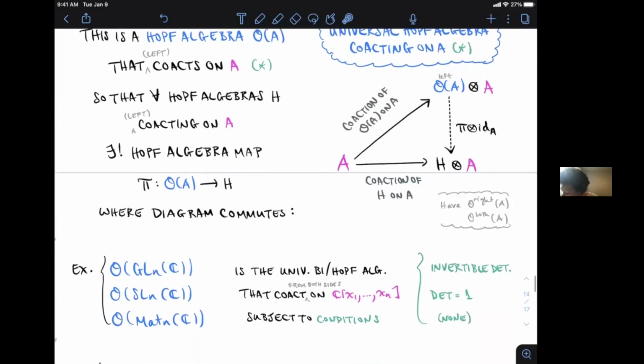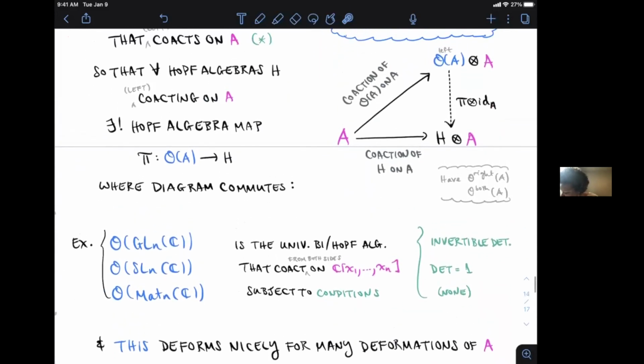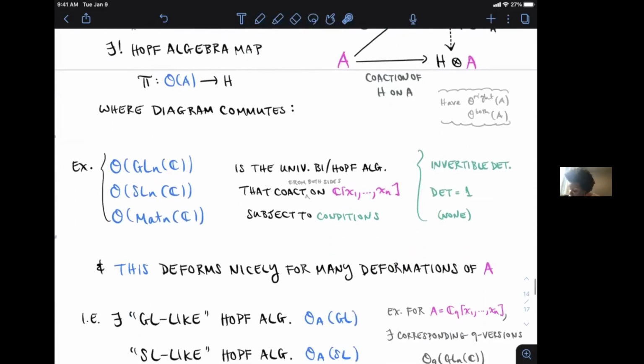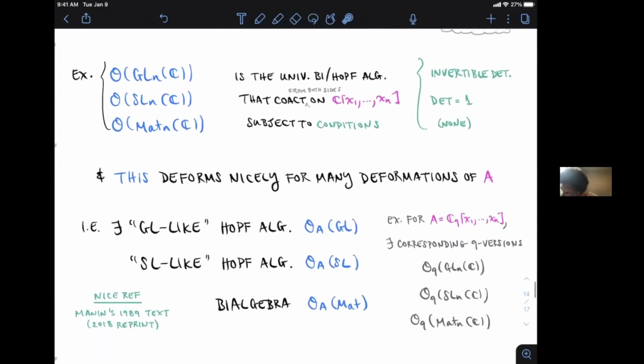So for example, if I take a polynomial algebra, examples of the universal gadgets that, in this case, coact from both sides, are these coordinate algebras of these algebraic groups. And what's nice is that this deforms nicely.